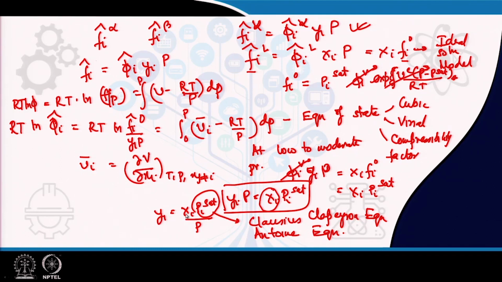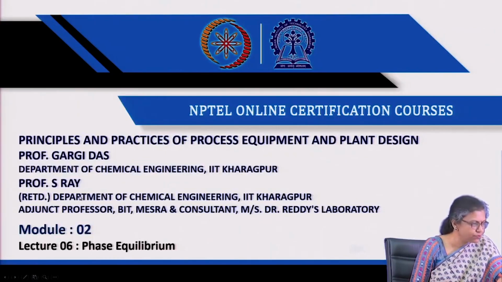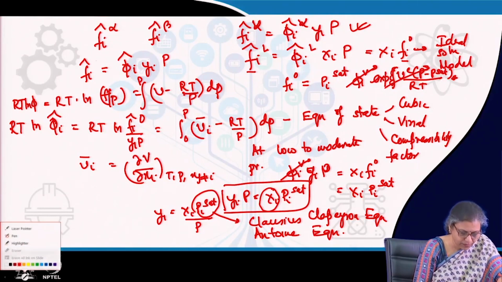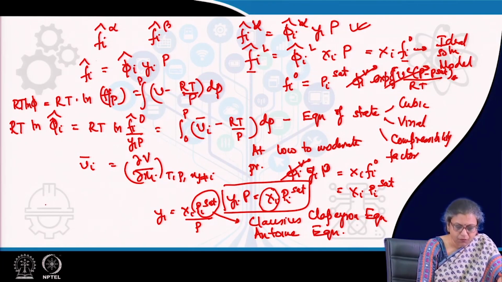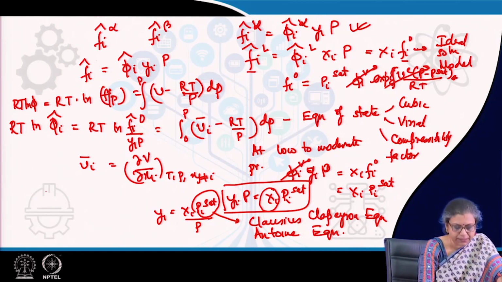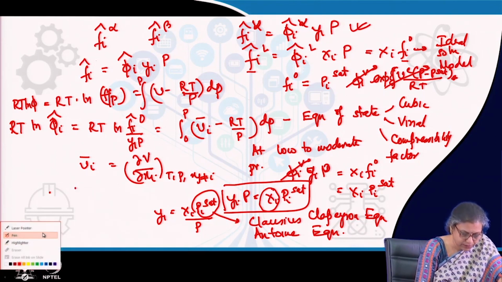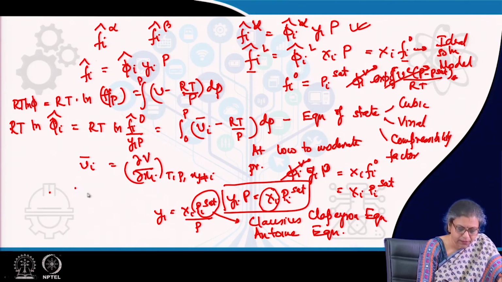And normally when we are dealing with vapor liquid equilibrium in distillation, suppose it is a binary mixture, then the number of components is 2.